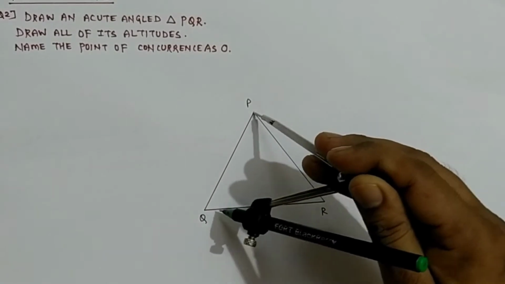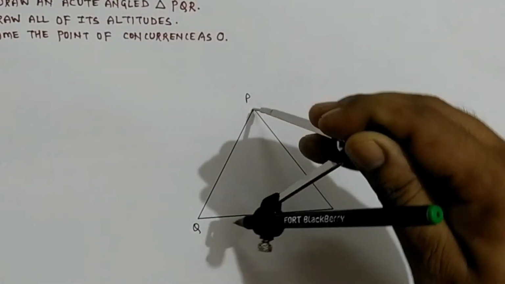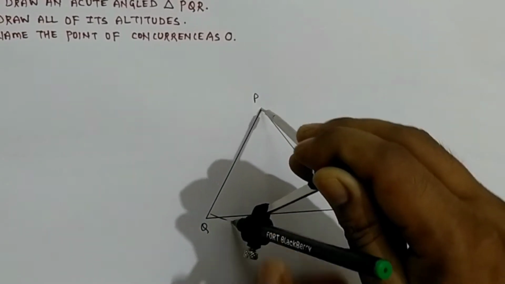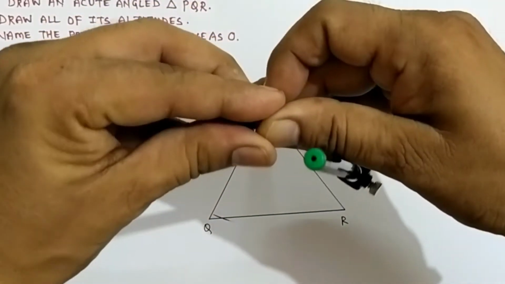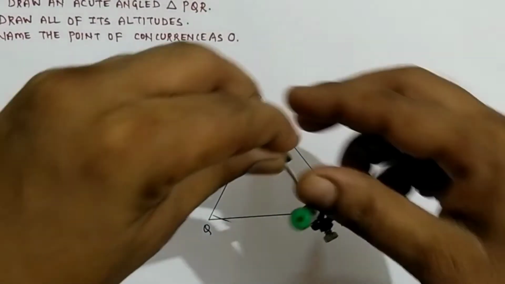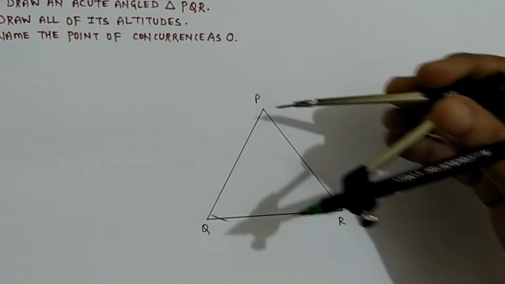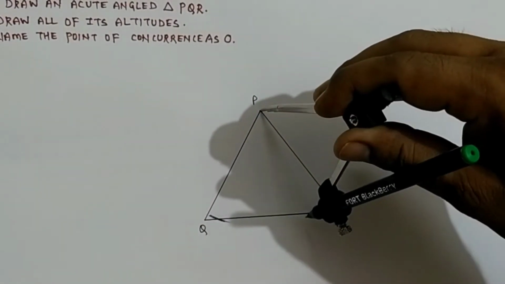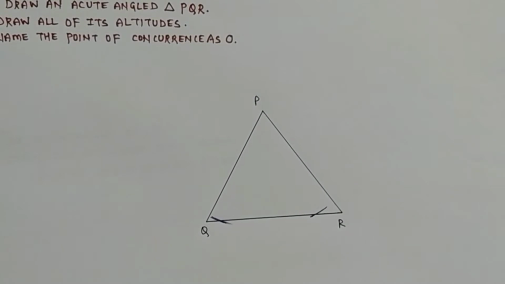You can see that two arcs must get cut on the base. So this is 1, and this is 2. Okay, I repeat, from P you cut two arcs on the opposite side. Do that.